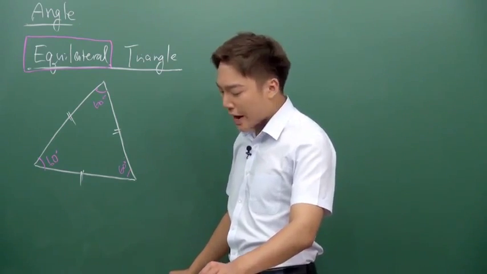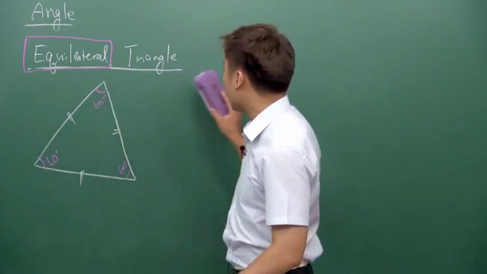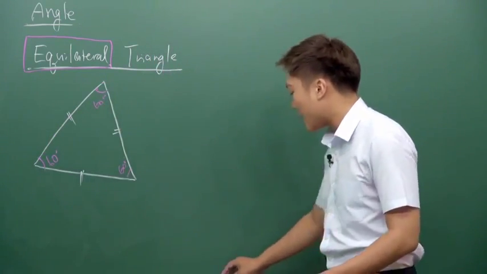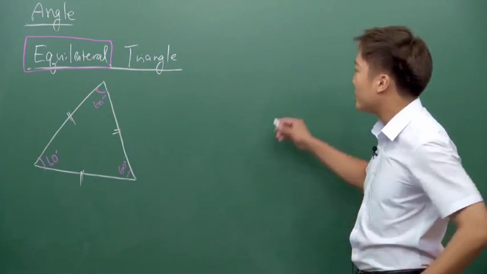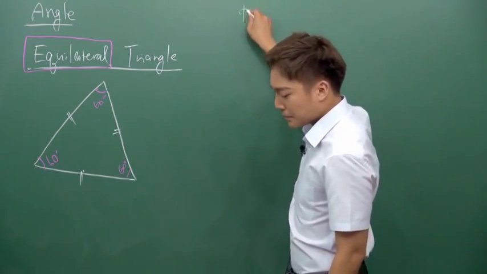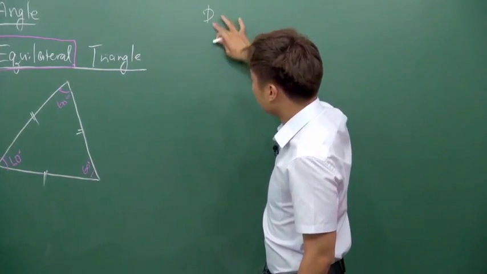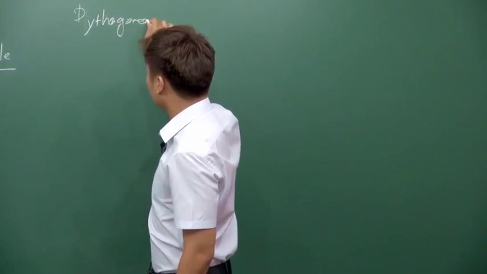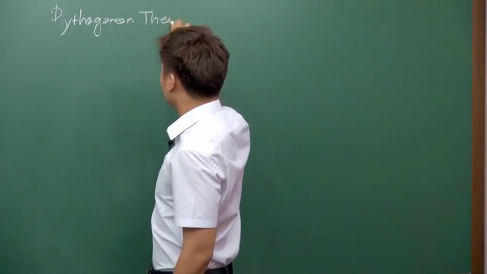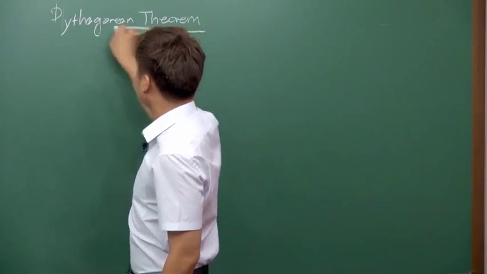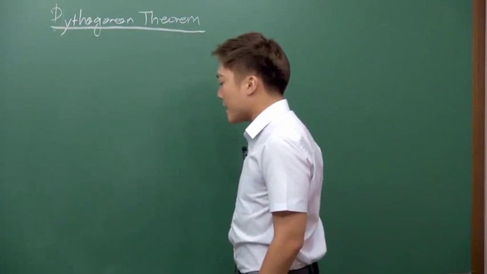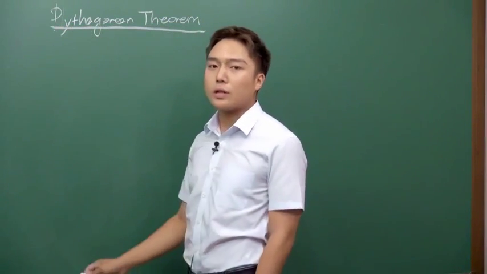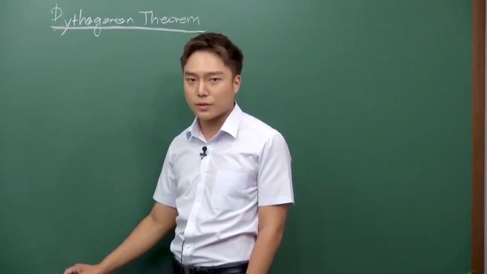Very good. Now, the next thing that we want to look at is the Pythagorean theorem, okay? Now, this is applicable to all types of right triangles, okay?